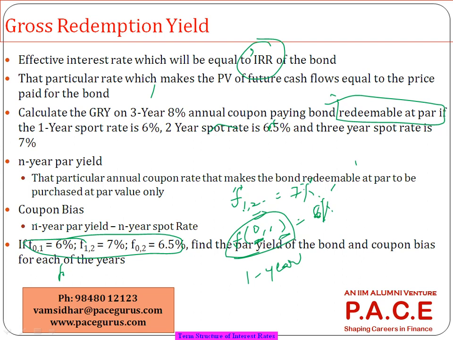So if I combine these two, actually I'll get a 3-year spot rate. Because how do I arrive at 3-year spot rate here? 1 year spot rate, which is 1.06 into the 1 year forward rate for a 2-year period, which is coming out to 1.07 whole squared. If I take the cube root, to the power 1/3, for this, whatever the rate that I am going to get is actually a 3-year spot rate, which is F0,3.